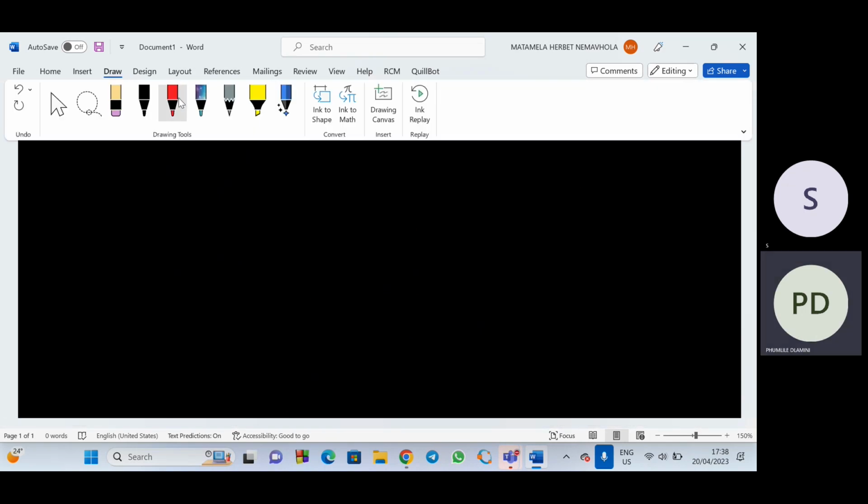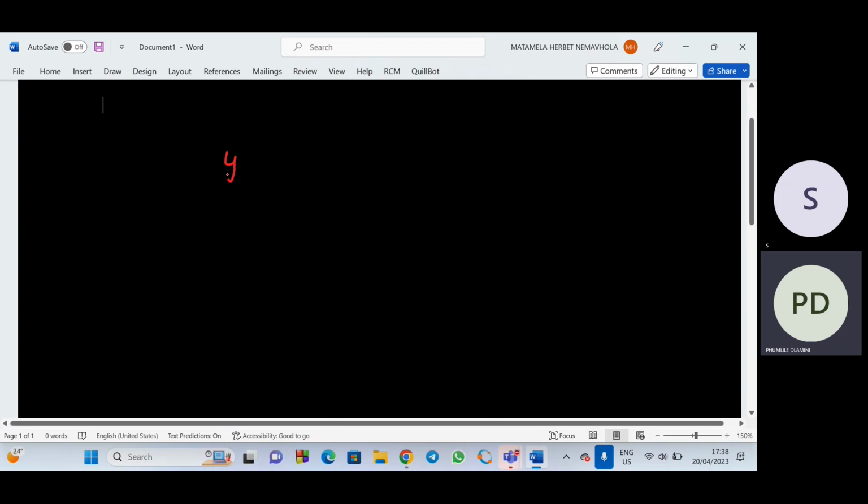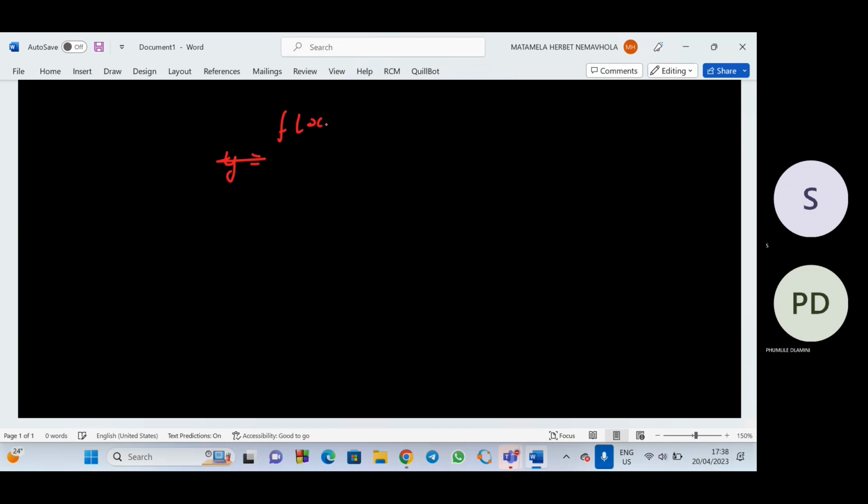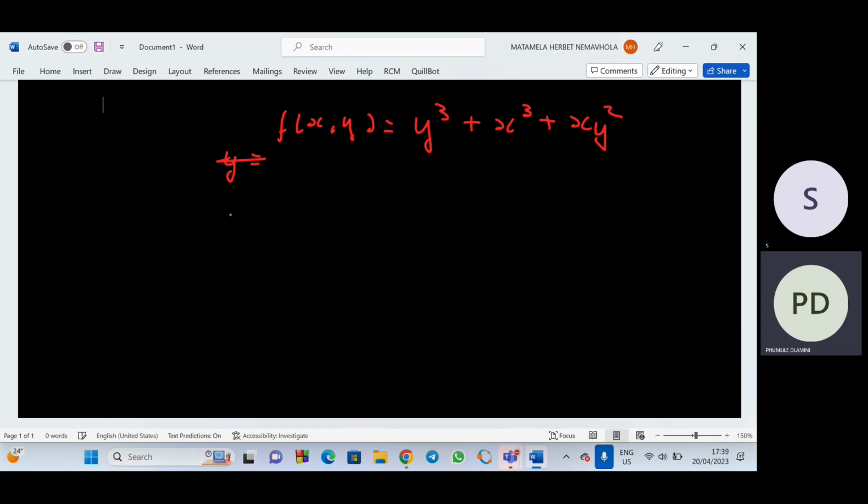If your function is f of x and y, which is equal to y to the power 3 plus x to the power 3 plus x y squared, then when we differentiate this with respect to y, our f prime of y is going to be equal to, we're going to differentiate this, it's going to be 3y to the power 2.